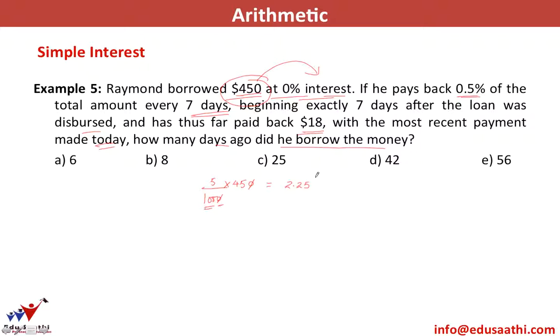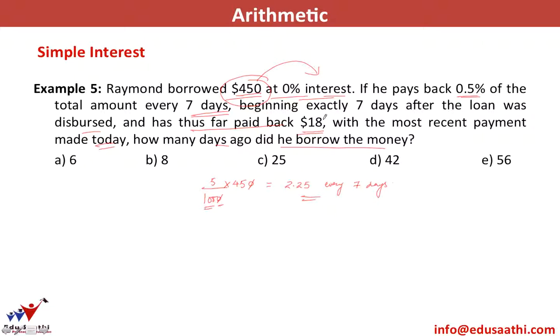So if I just look at this, 2.25 rupees is paid every 7 days. Every 7 days I am paying 2.25, right? And thus till beginning 7 days exactly after loan.